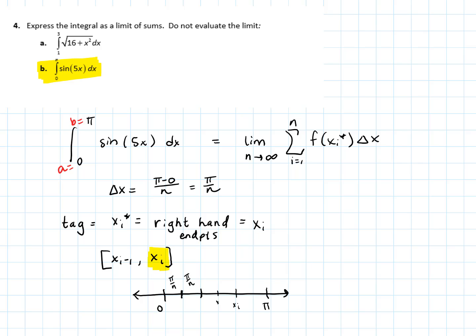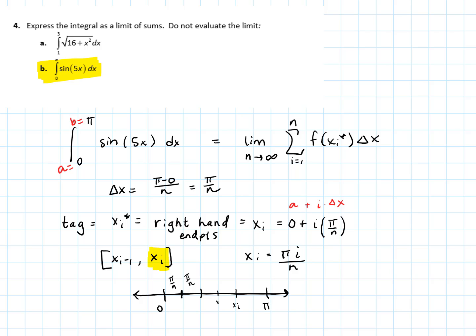And so we started at 0. So x sub i is going to be 0, the a value, plus i of those delta x's. So i times pi over n.